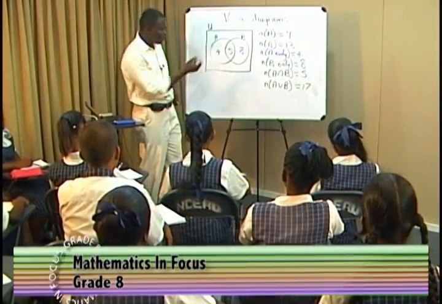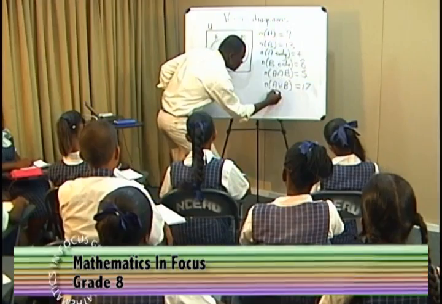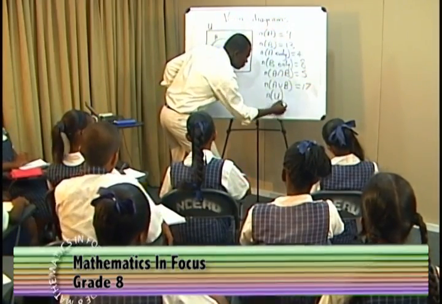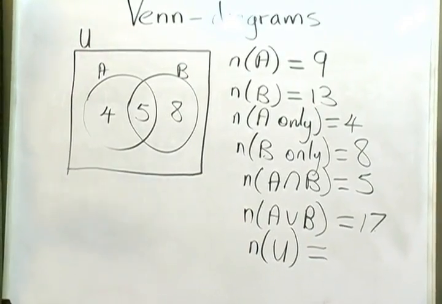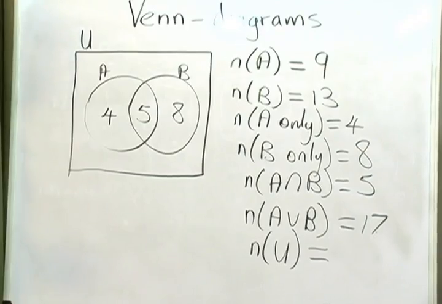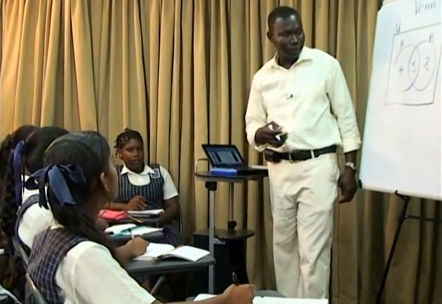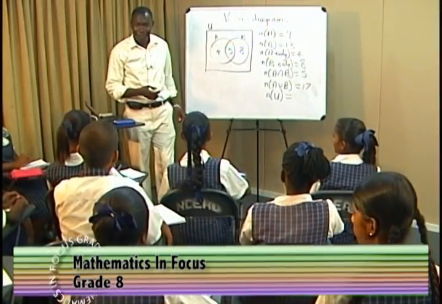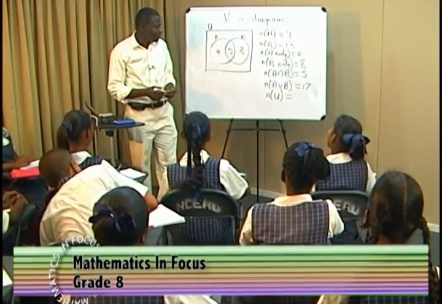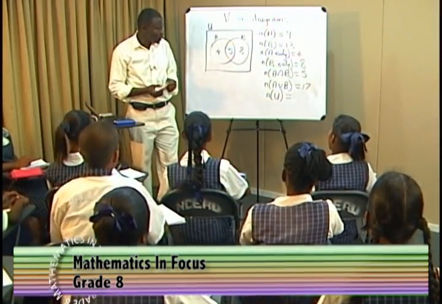What about this? Last question of this example, what will this be equal to quickly? Number of students in the universal set. Some are saying 23, some saying 17, some even saying 22.